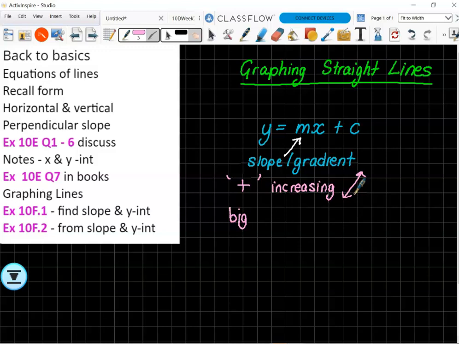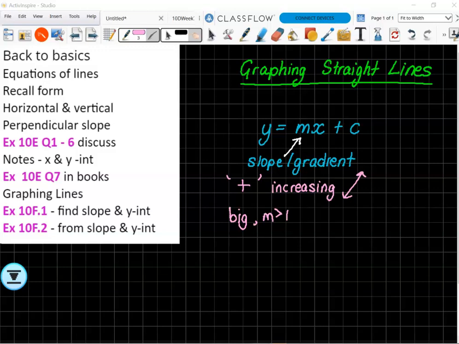If it's a big value, what do I mean by big? So basically greater than 1: 2, 3, 5.6, 7.8. When it's big, what can we say about the slope? So when m is bigger, 1, 2, 3, what happens?